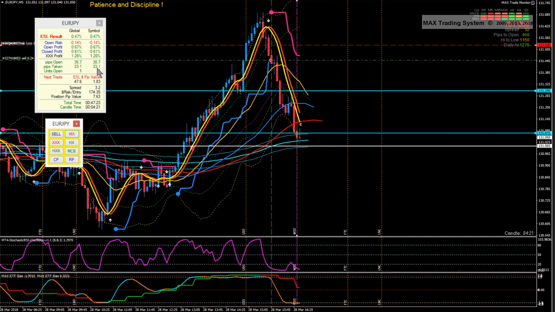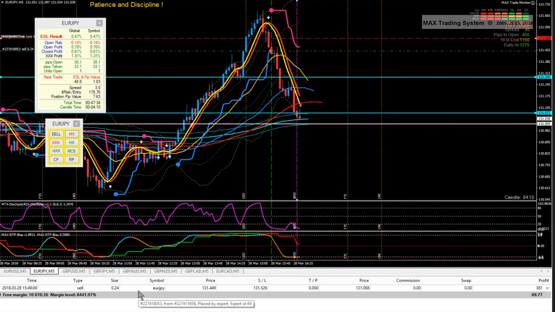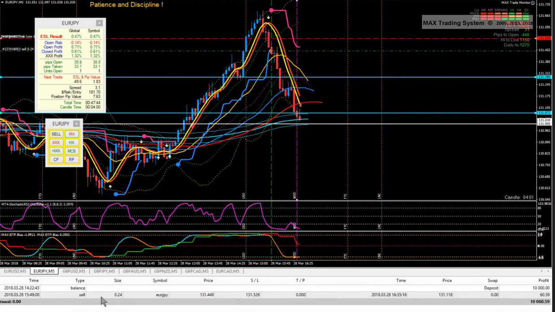And now my risk, because I have reduced my trade size, let me show you on the terminal panel, view terminal panel. You remember 0.48 was the size of the trade, and now the size has been reduced to 0.24, so half of the size. If I look at the account history, you can see that the trade has been closed for half of the size, and you see the profit here.